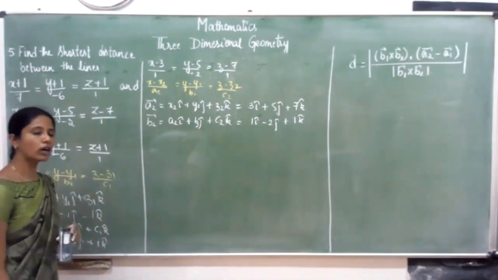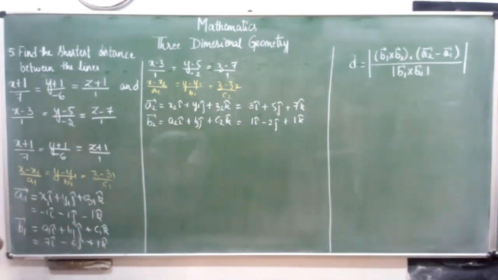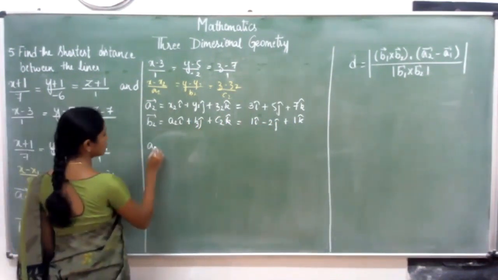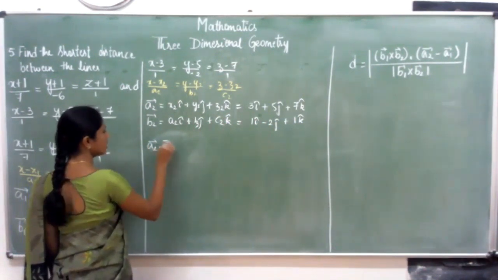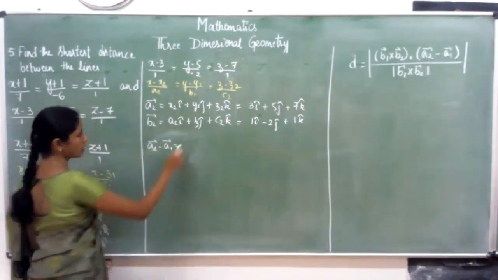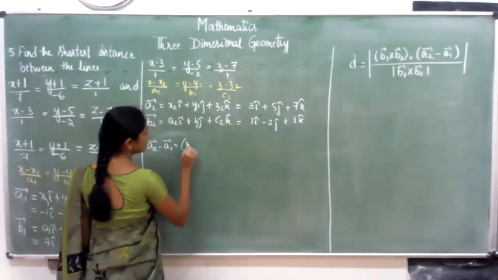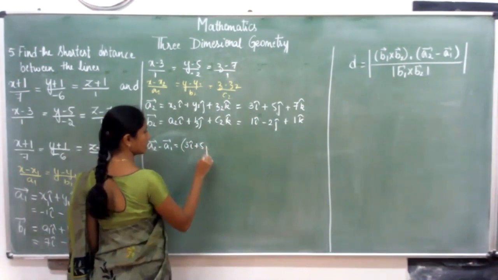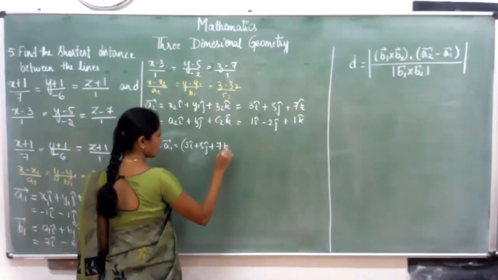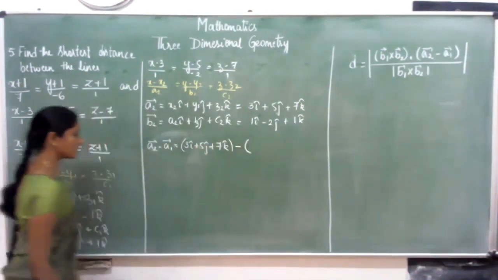Now we know the values of a1, b1, a2, b2. What is the next step to be done? We need to find vector a2 minus vector a1. Vector a2 is 3i cap plus 5j cap plus 7k cap, minus vector a1.